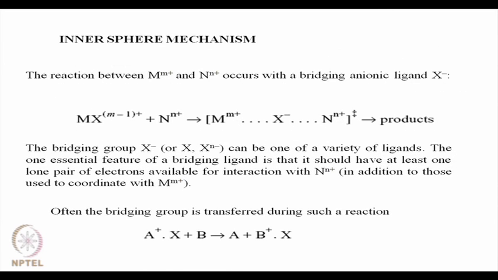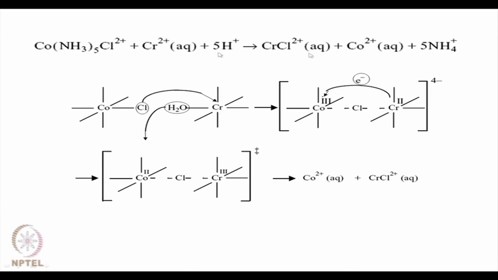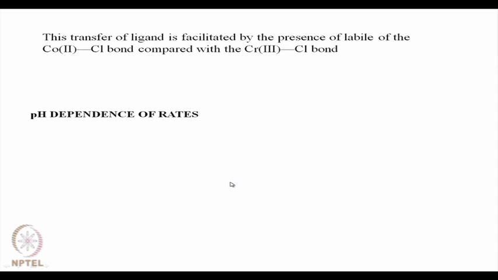Inner sphere mechanism we also tried to explain, and in that case we took the example where chloride acts as a bridging ligand for facilitating electron transfer, and at the end of the reaction chloride is transferred from cobalt to chromium. So, that is all about electron transfer reaction.